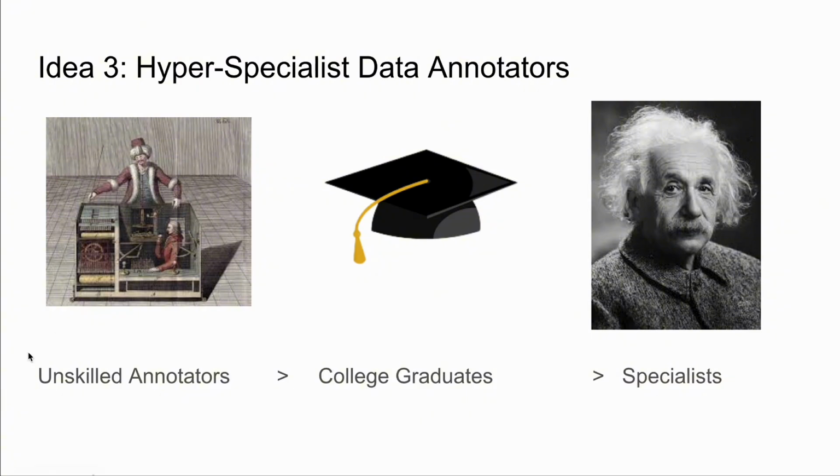For example, in HelpSteer, we employed mostly college graduates. In HelpSteer2 and later HelpSteer3, we increasingly hire specialists, for example, software engineers with a few years of work experience, because only this experience guarantees that they're able to understand what they're doing rather than just giving random annotations and random comments.